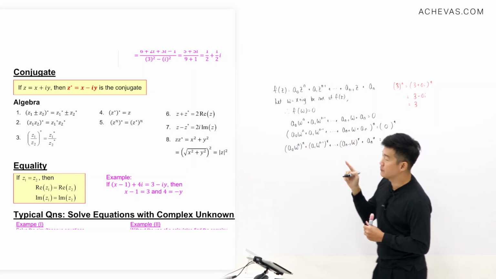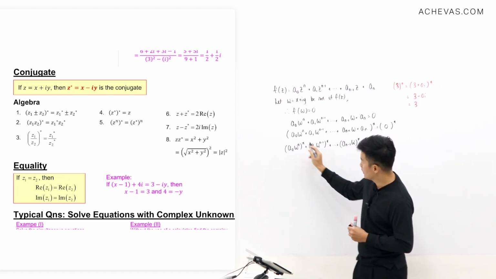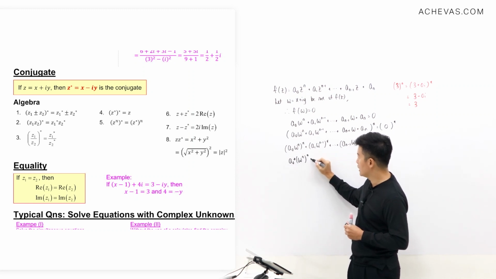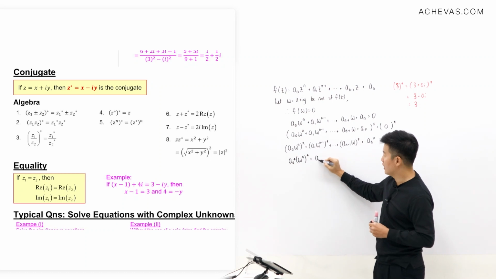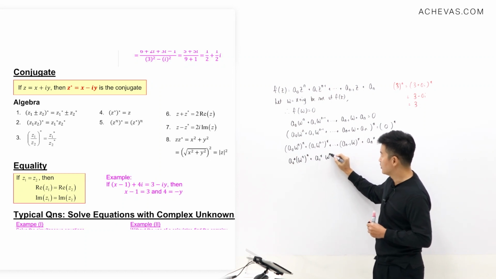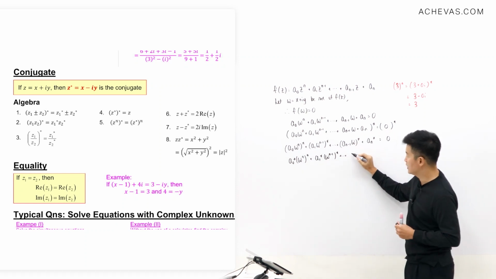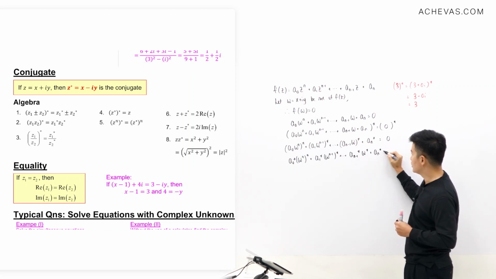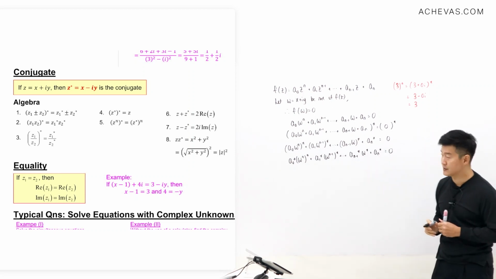And then if I were to make use of number 2, it will change this to a0 conjugate, then w to the power of n conjugate, and this will be a1 conjugate, w to the power of n minus 1 conjugate, and all the way until this, which will also be a(n-1) conjugate, w conjugate, plus an conjugate. This is equal to 0.